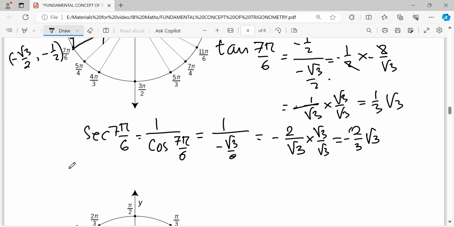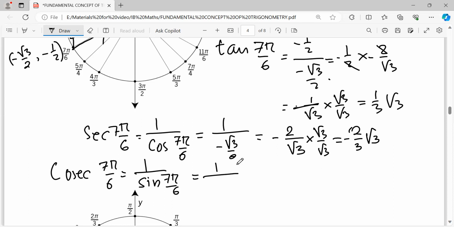After that, cosecant 7 pi over 6 equals 1 over sine 7 pi over 6, equals 1 over negative half, which is negative 2.